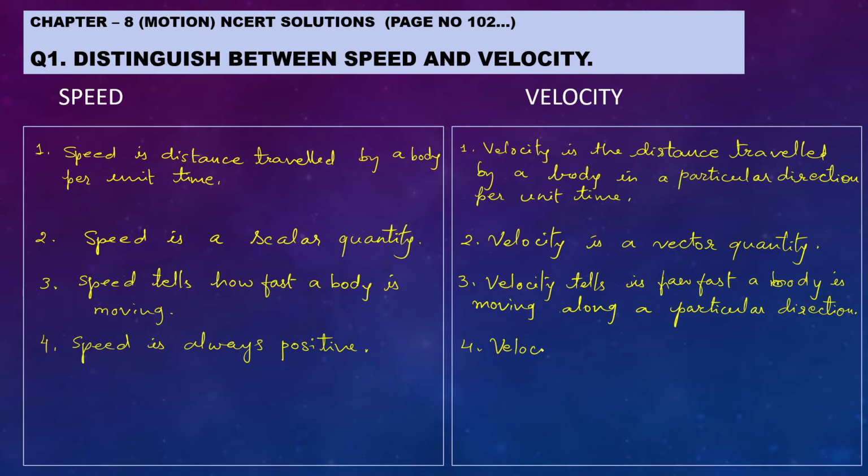So velocity can be positive, negative or 0. Okay, so these are the differences between speed and velocity.